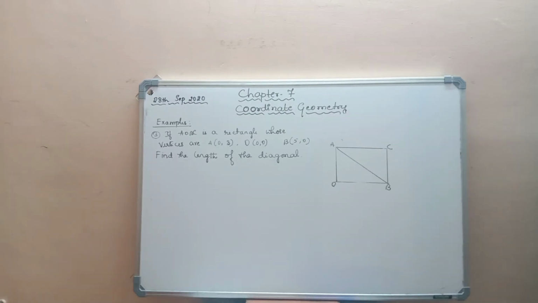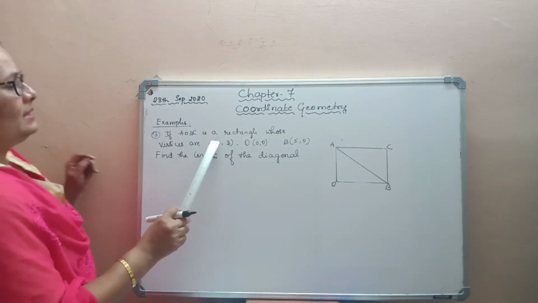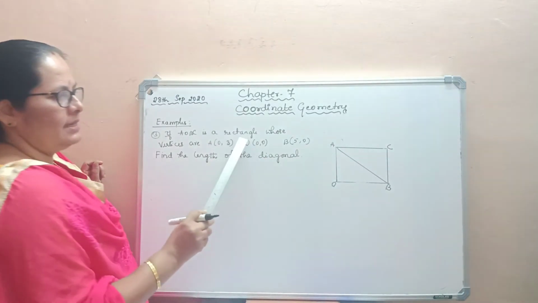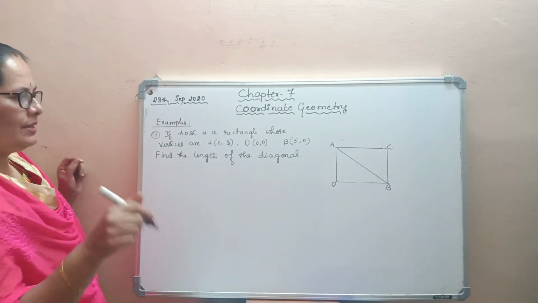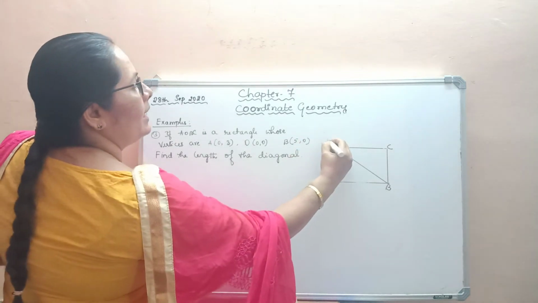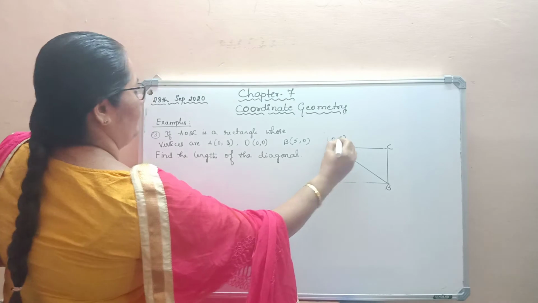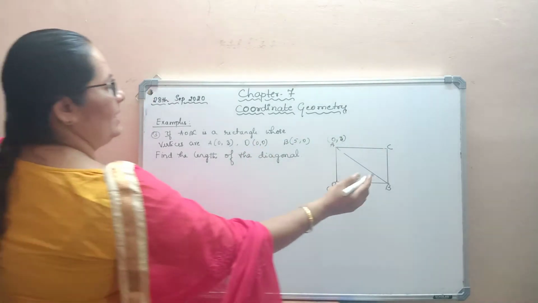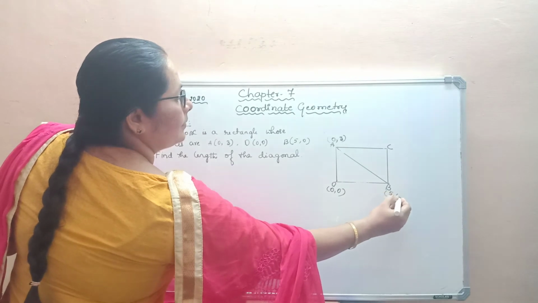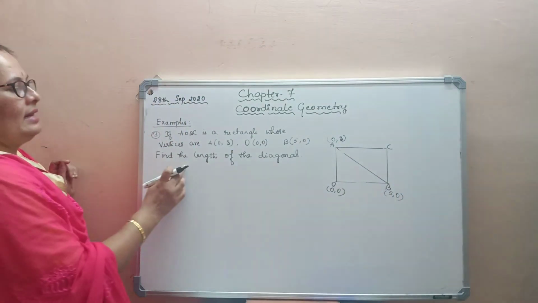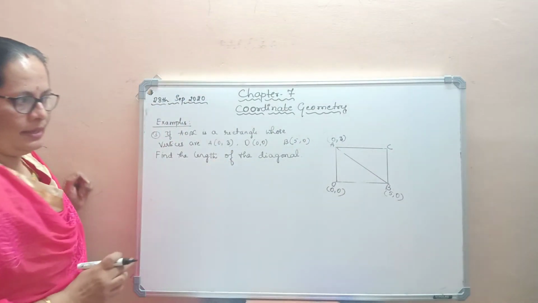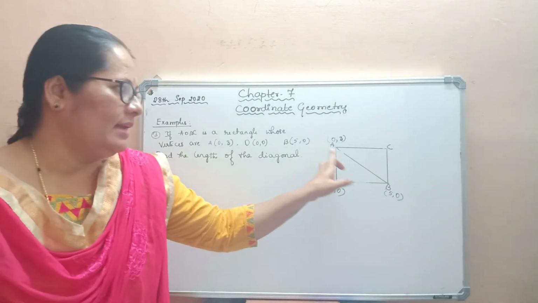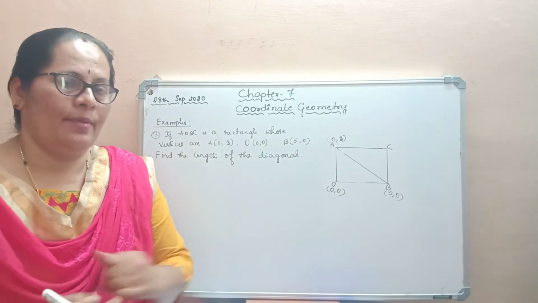So next example, AOBC is a rectangle whose vertices are given as A (0, 3), O (0, 0) and B (5, 0). Find the length of the diagonal. So join AB. You need to find the length of the diagonal AB.